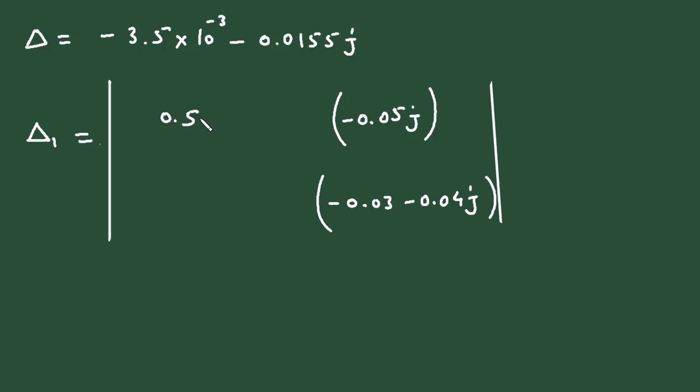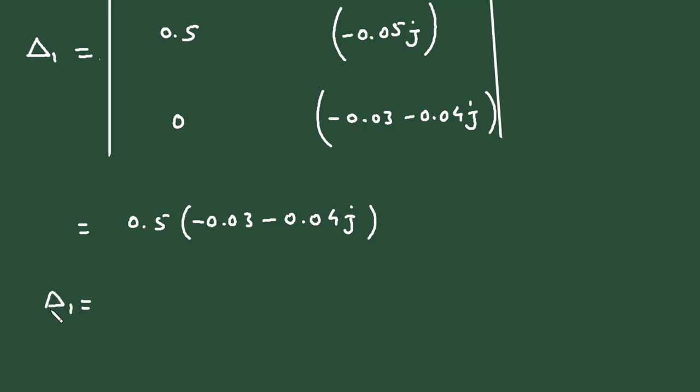Here it will be 0.5 and here this will be 0. Now 0.5 multiplied with minus 0.03 minus 0.04 j, and this into this, it will be 0 simply.